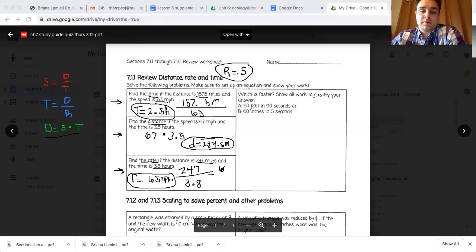And now let's go up here. It says, which is faster? Show all work to justify your answer. So we're talking about either 60 feet in 90 seconds or 60 inches in 5 seconds. So we're going to set it up as a ratio. So 60 feet to 90 seconds.